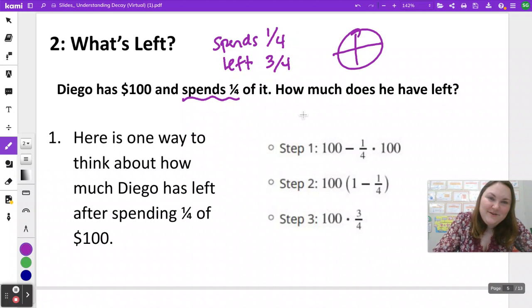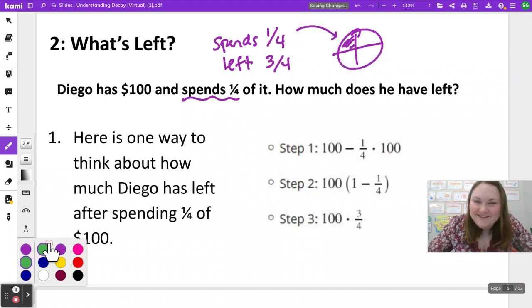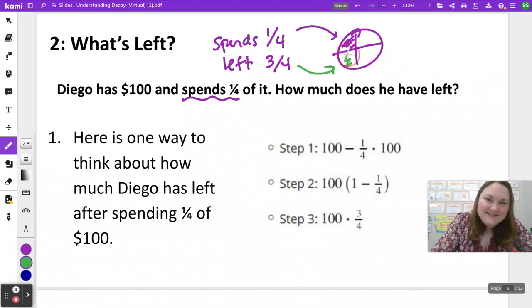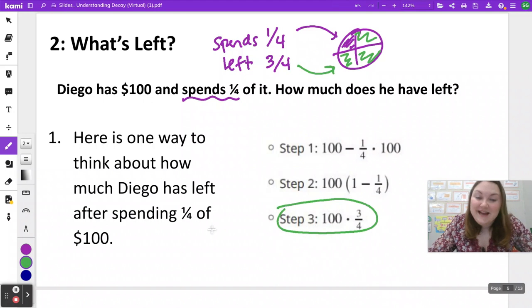If you think about what you know about fractions, if he spends 1/4, then he has 1, 2, 3/4 of it left over. So instead of having to find 1/4 of 100 and then take it out to see what's left, we can jump right to doing only one step and thinking what 100 times 3/4 is.